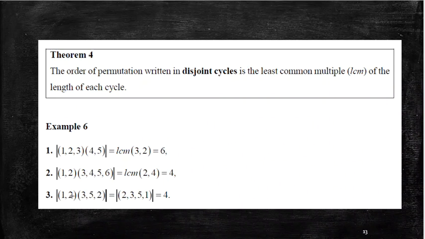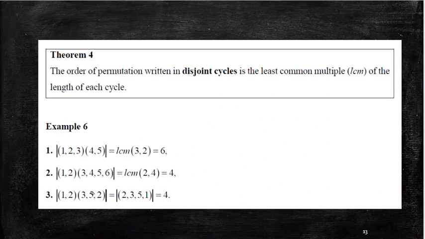What about this one? This is actually not a disjoint cycle because in this cycle we have 2, and in this cycle we also have 2. So we must multiply these two cycles. We multiply these two: 1 is mapped to 1, 1 to 2. So we have 1 to 2, 2 to 3, 3 to 3.